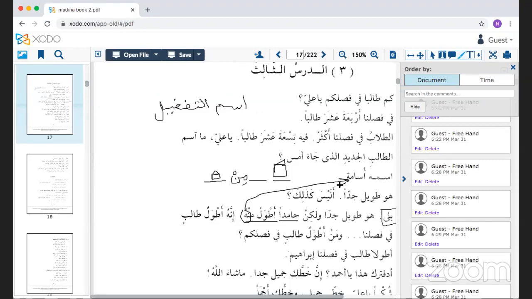Anyone else? Usamata. Aywa. Some saying Usamata, even in the writing, in the chat. And the reasoning why Usamata? Because it's mamnu' min as-sarf. Ahsan, because Usamatu is even though it's a name of a masculine, it finishes with ta marbuta.